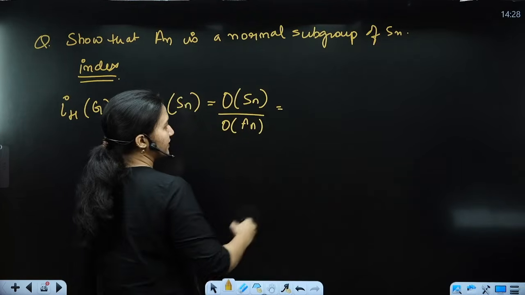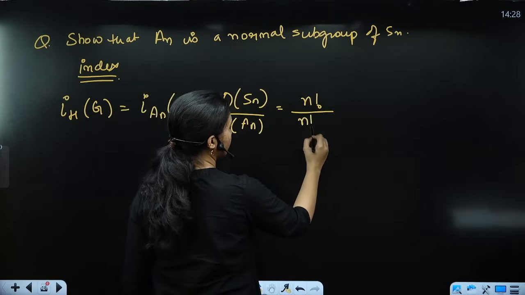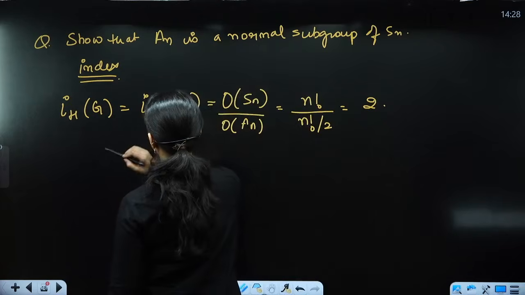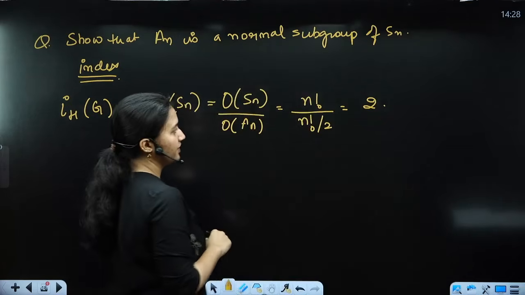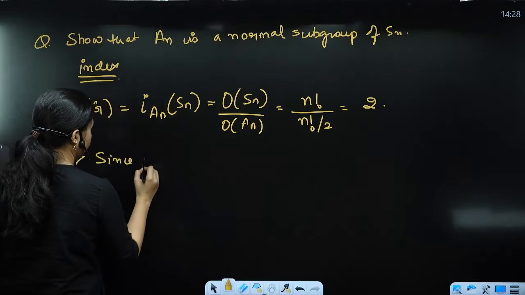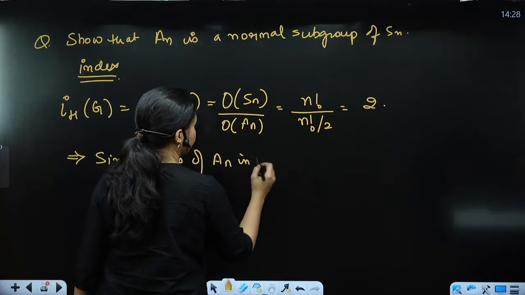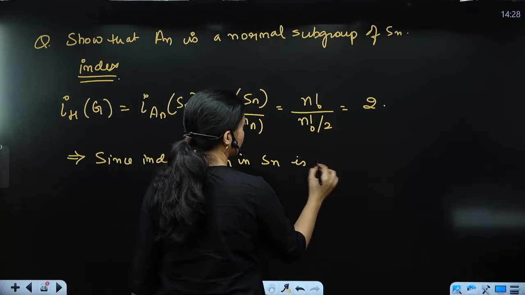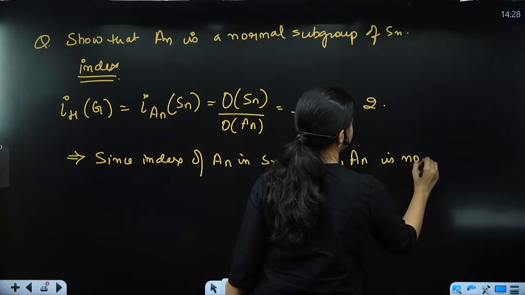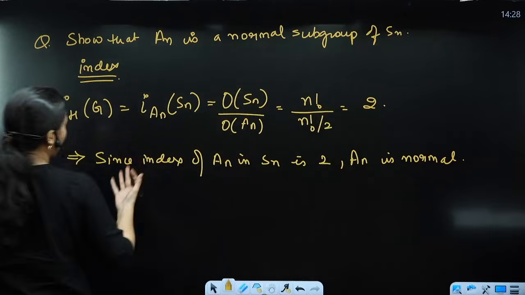What is the order of SN? N factorial. What is the order of AN? N factorial by 2. This makes the index of AN in SN equal to 2. This implies that since the index of AN in SN is 2, AN is normal in SN, right?